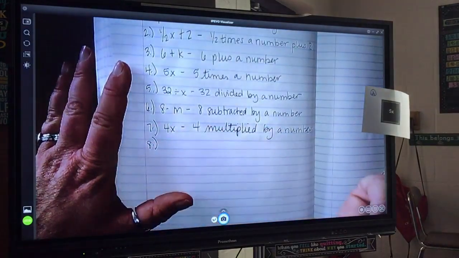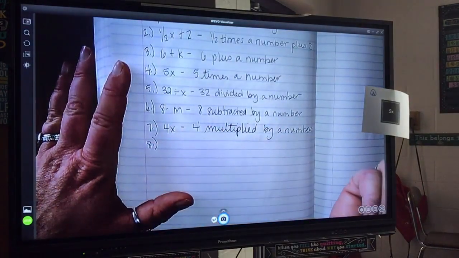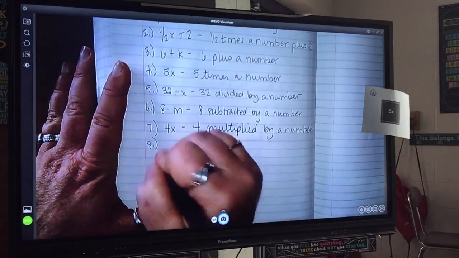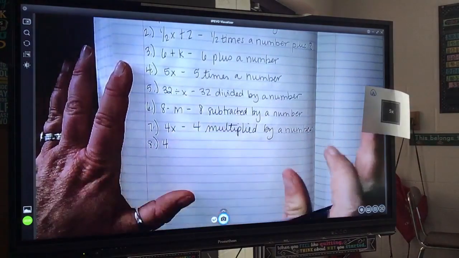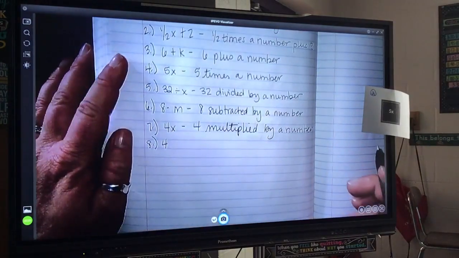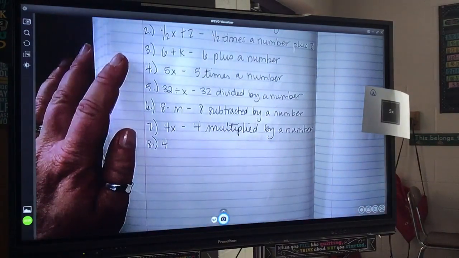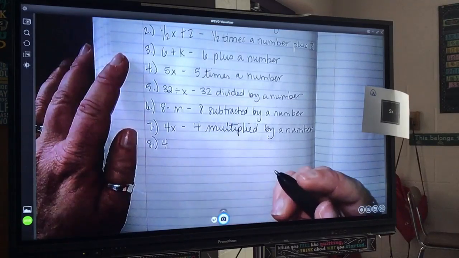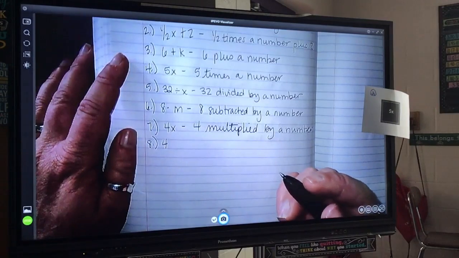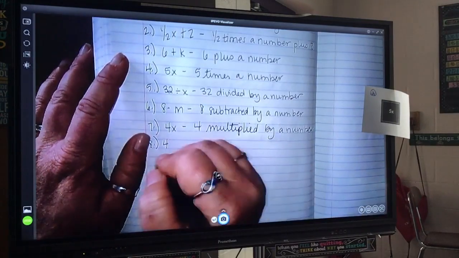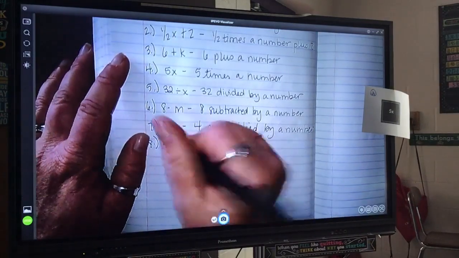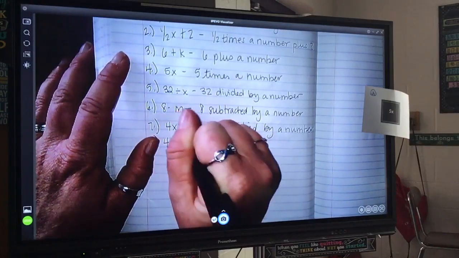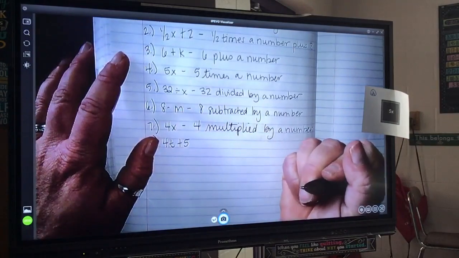Alright, Michaela. 4 multiplied by a number increased by a product of 5 multiplied by a number. So give me the expression first. What was the expression? 4t plus 5t. 4t plus 5t?